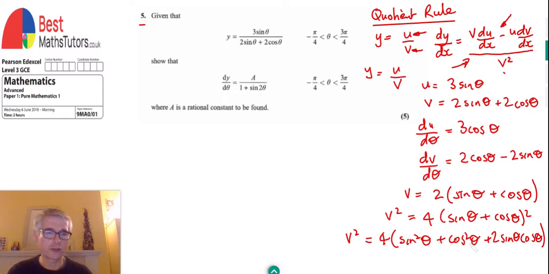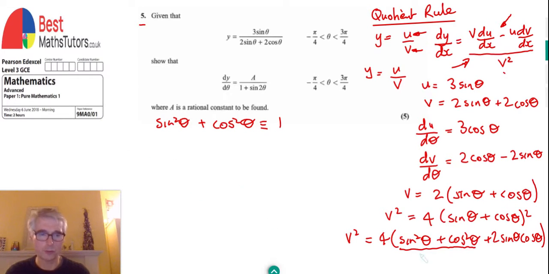And just to tidy that up before going any further, I'm going to use the identity that we should know at this stage, which is that sine squared theta plus cos squared theta is equal to, because it's an identity I can use a triple equals there, 1. So the sine squared theta plus the cos squared theta simplifies to just being 1.